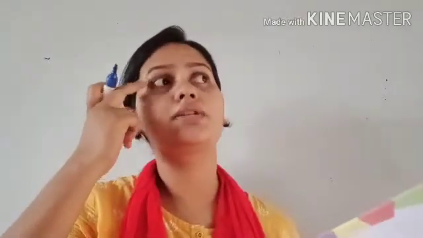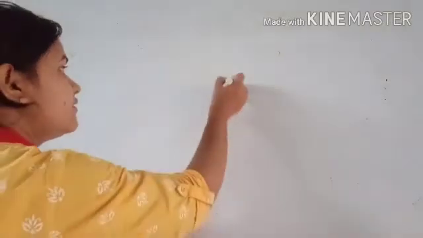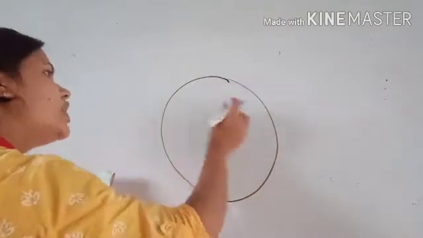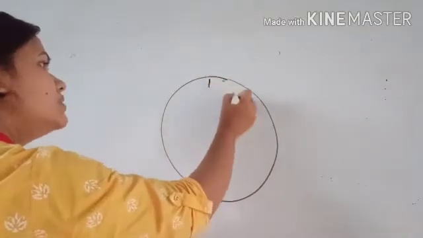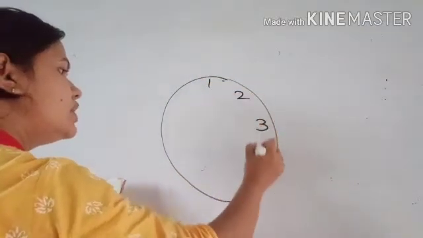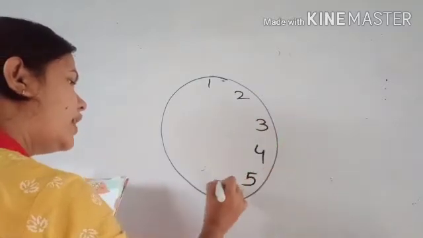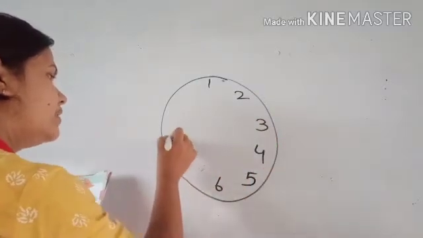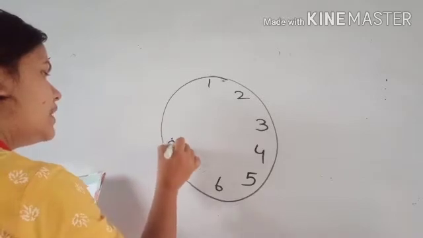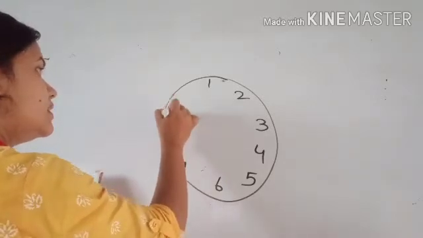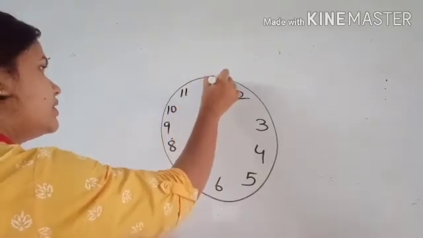Now, at which time does your school bus come? If I take the right answer, 8 a.m. or 7 a.m. So if it is 7 a.m., how do we have to show it? 1, 2, 3, 4, 5, 6, 7, here will be 8, 9, 10, 11, and this one is 12.